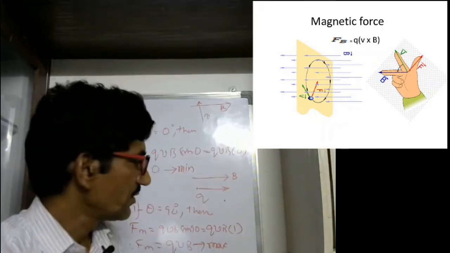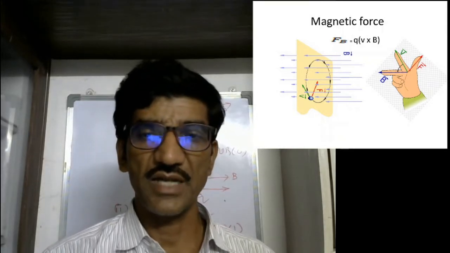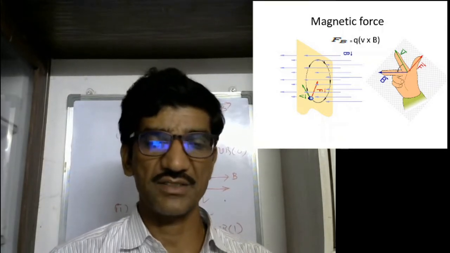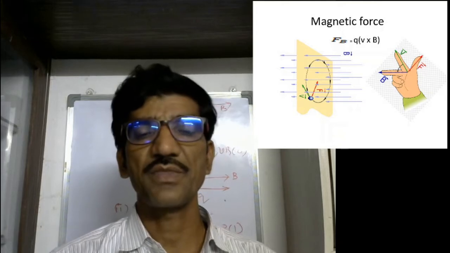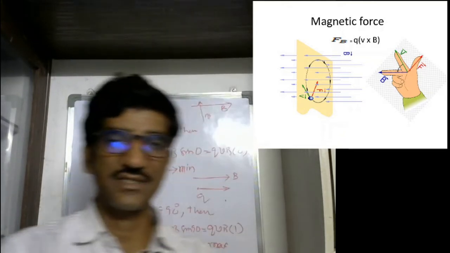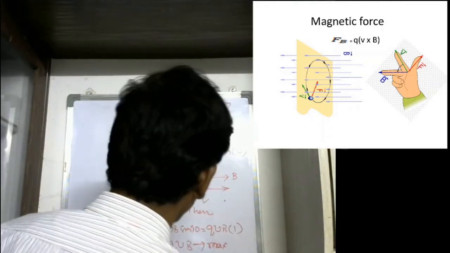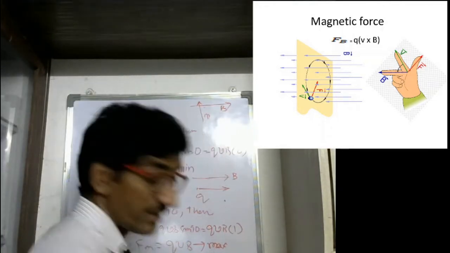So whenever the angle between the direction of motion and the magnetic field is 90 degrees, the maximum force acts on the charged particle.